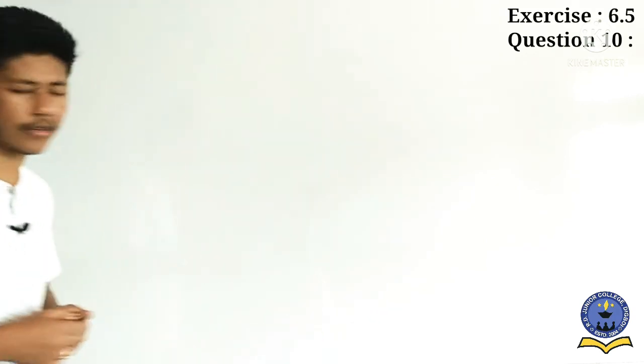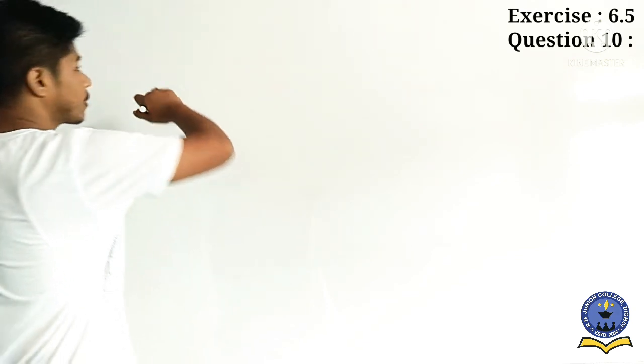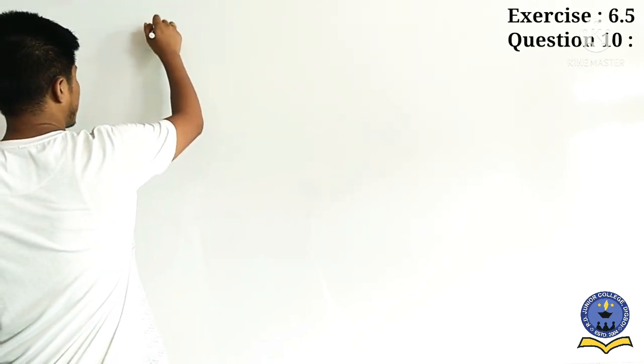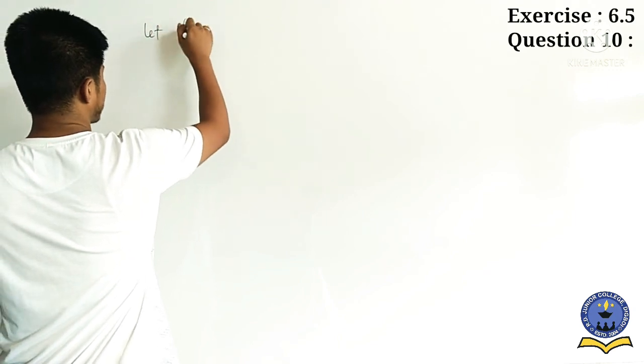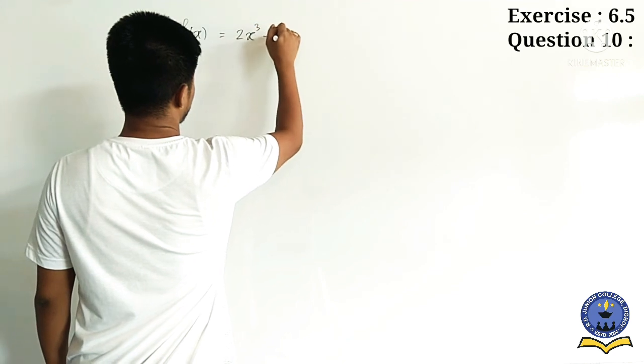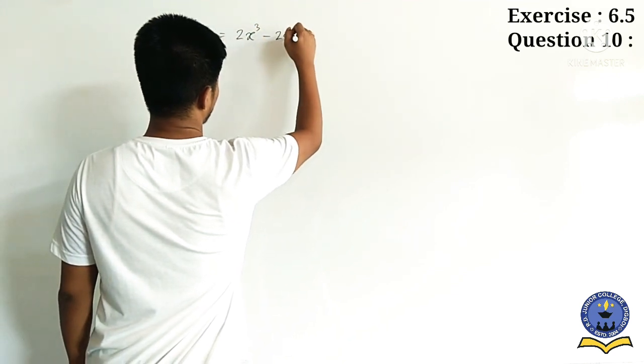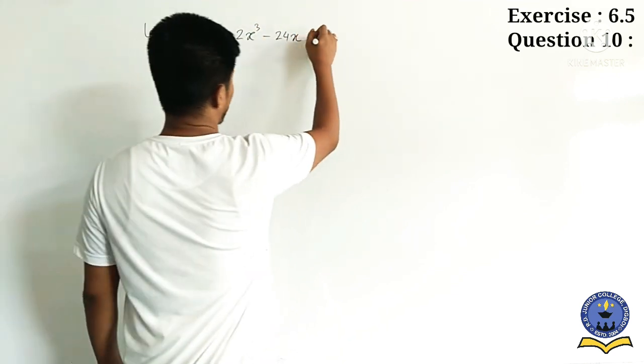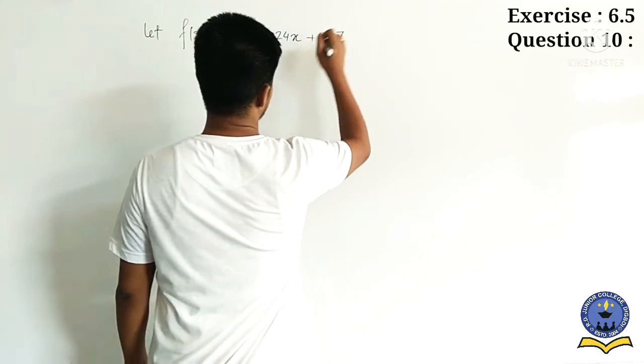First of all, we have to write down the function, f(x). Let f(x) equal 2x cube minus 24x plus 107.